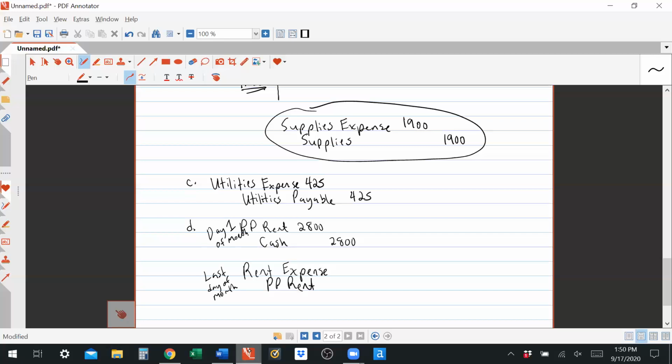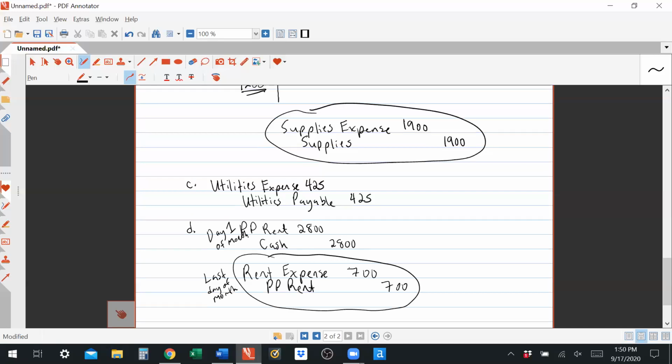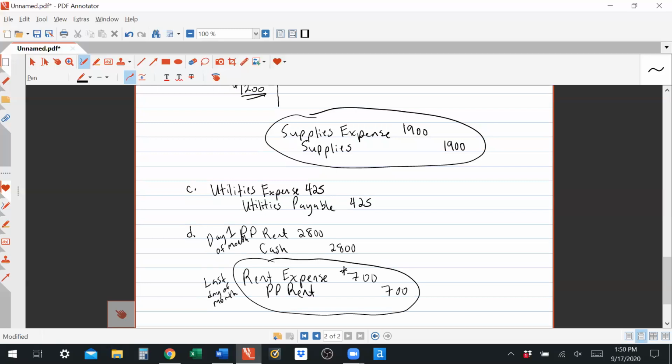So in essence, what are we paying per month? $700, right? So this is the journal entry. And again, how did I get to 700? Put a star by that. 700 was calculated by taking the amount we paid for the 4 months and dividing it by how many months that we're paying for.